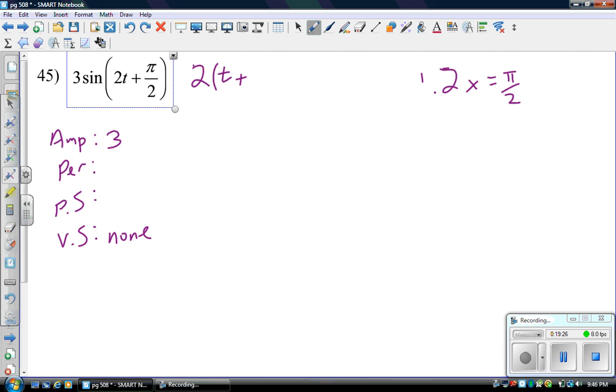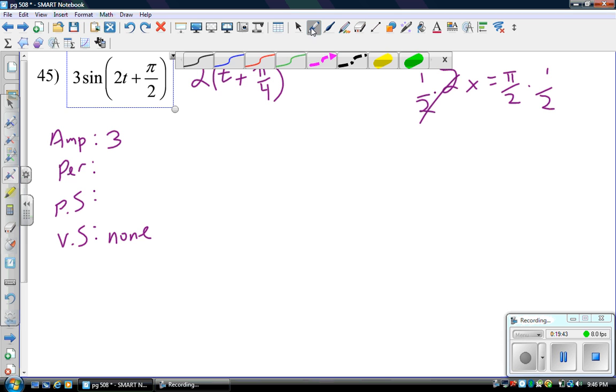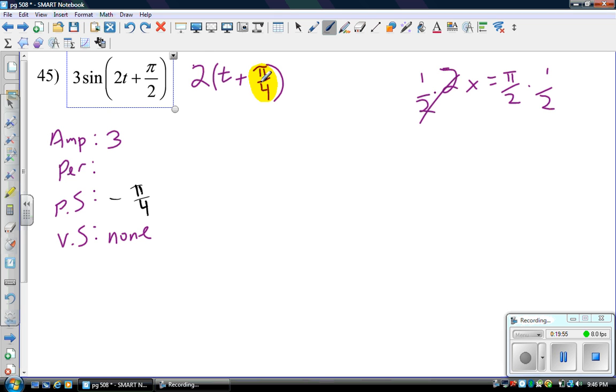If I multiply by a half, you're left with that something is pi over 4. Pi, 2 times 2 is 4. Again, what that does is easily extracts out the phase shift. So your phase shift is just to the left, pi over 4. Or you might see it written minus pi over 4.